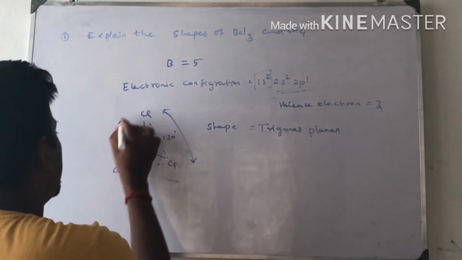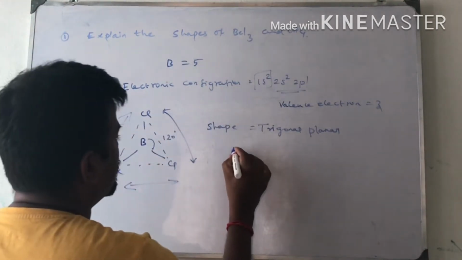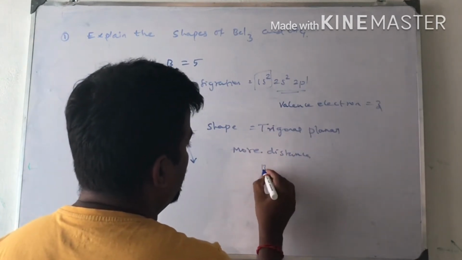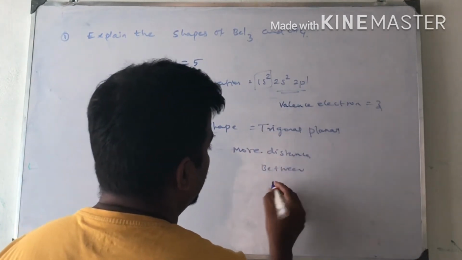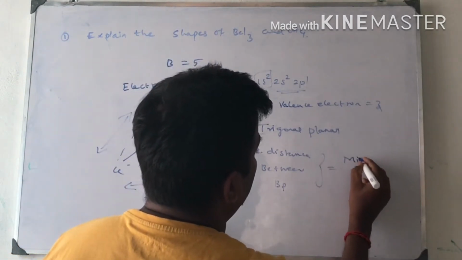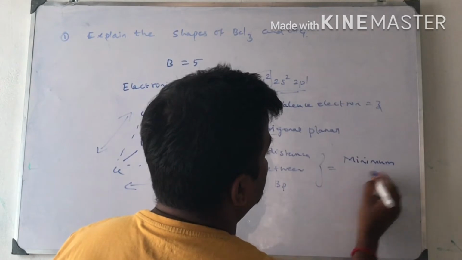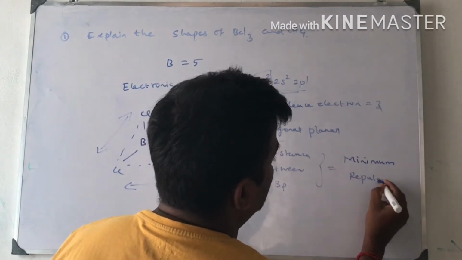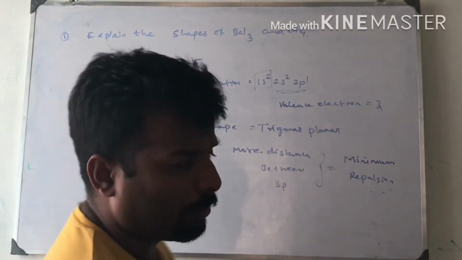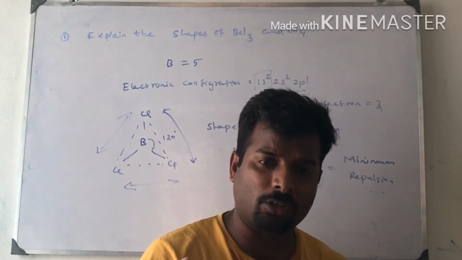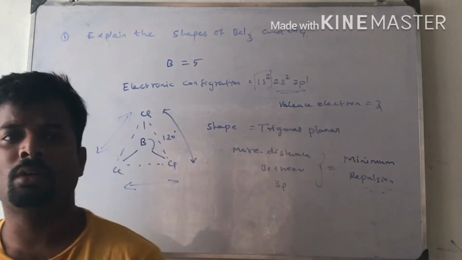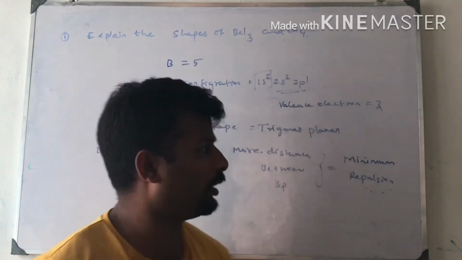More distance between bond pairs means minimum repulsion, right? So we can increase the distance by arranging them in the corners of the equilateral triangle, so it will be like that.